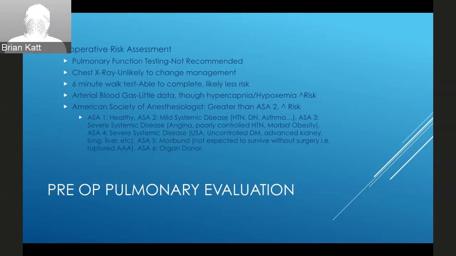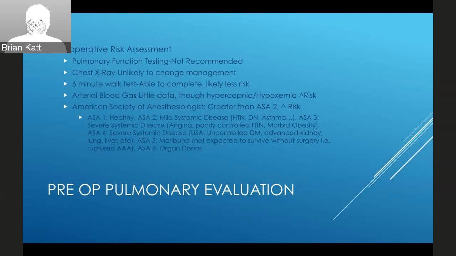These would be patients that you might think about getting an arterial blood gas, not necessarily to delay their surgery or change the surgery as long as it's compensated, but to monitor them more closely in the perioperative and postoperative period, perhaps with continuous pulse oximetry or even a postoperative arterial blood gas to exclude the possibility that their chronic hypercapnia is getting worse in the face of being bedbound, being on narcotics, etc.